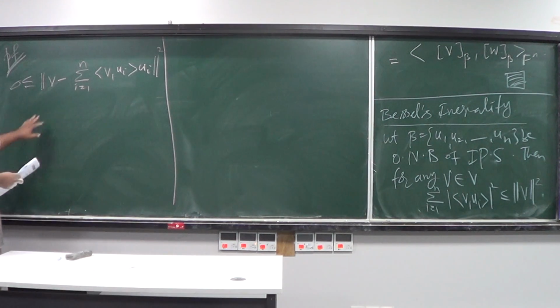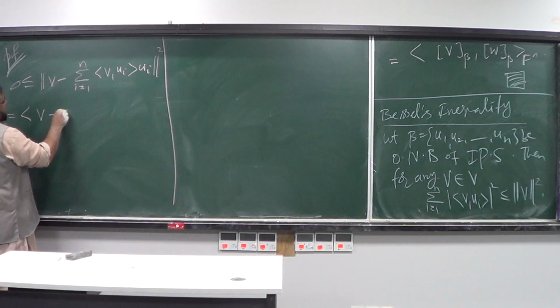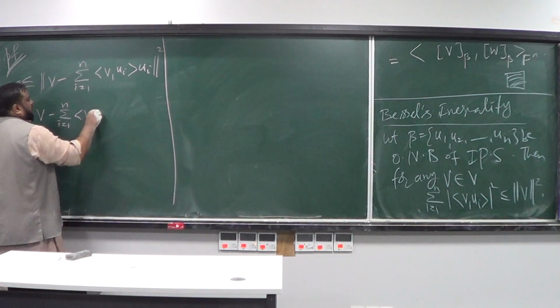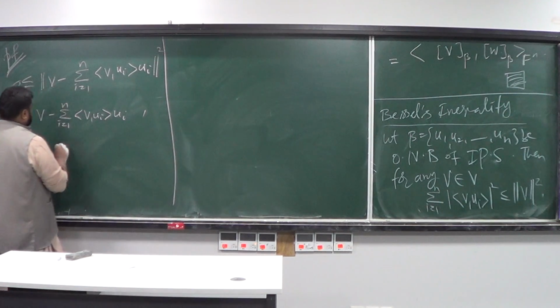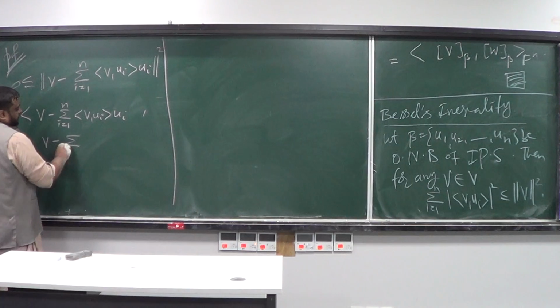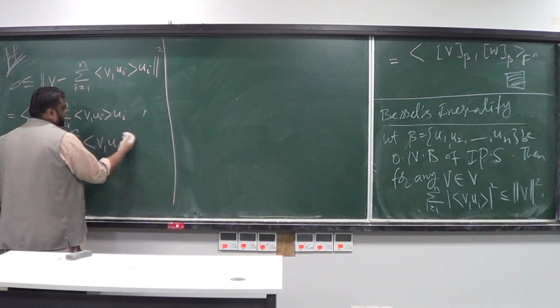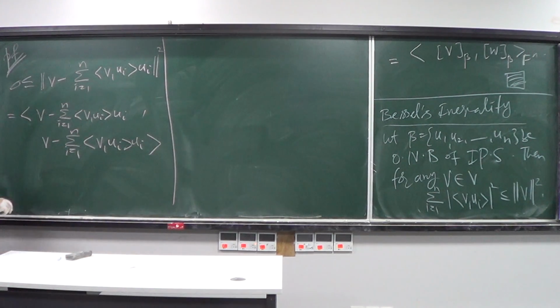So what we can do with this is write it as the inner product of v minus the sum from i equal to 1 to n of ⟨v, ui⟩ ui, and v minus the sum from i equal to 1 to n of ⟨v, ui⟩ ui.